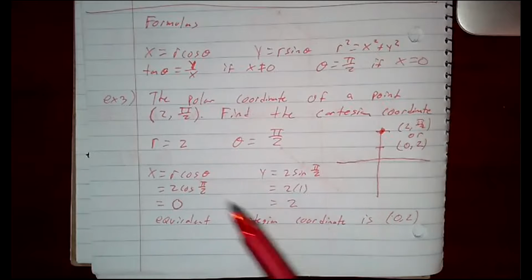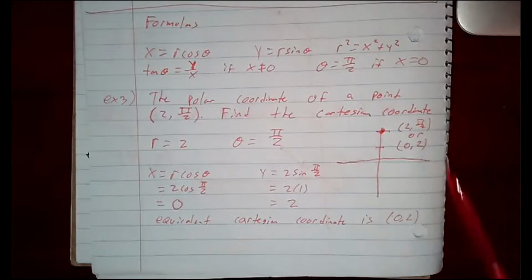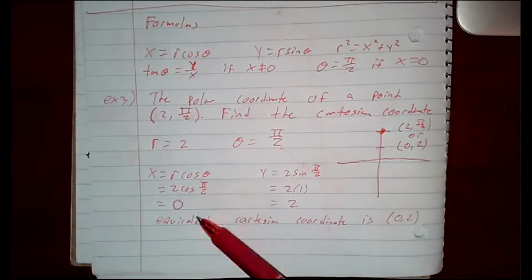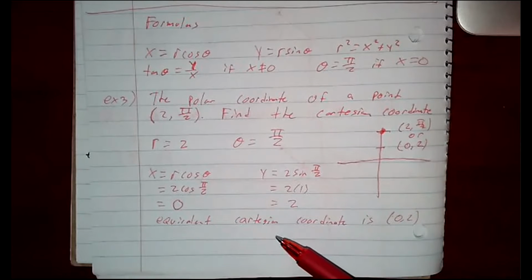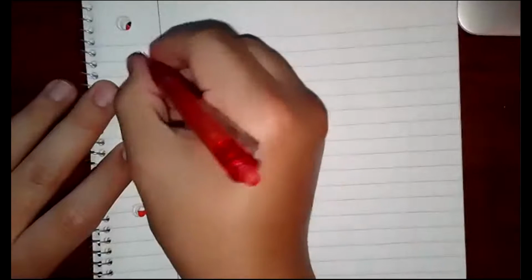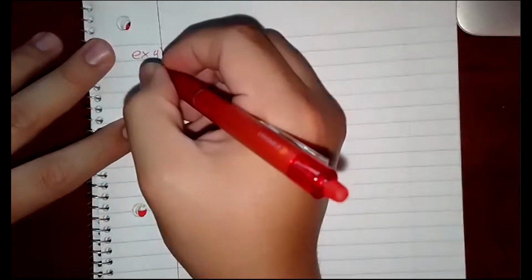So the conversions aren't too bad, but they're not usually going to be this pretty. I just want you to see with this first example that all you're doing is plugging in numbers. Usually you'll end up with square roots or something. Let's do a harder one.